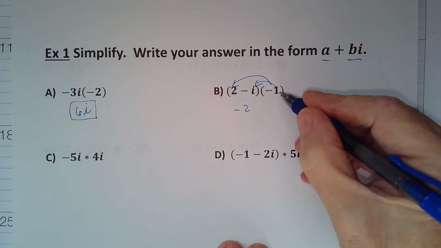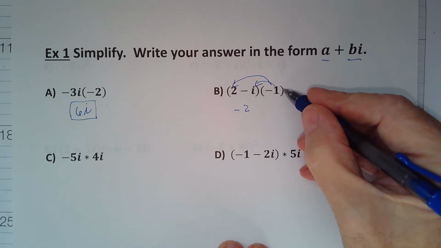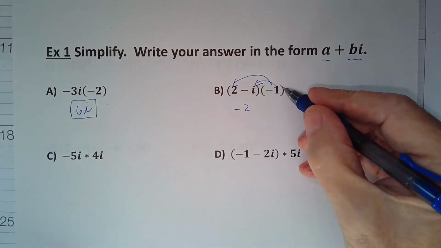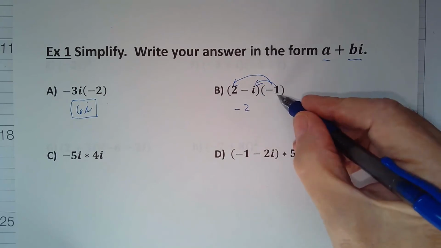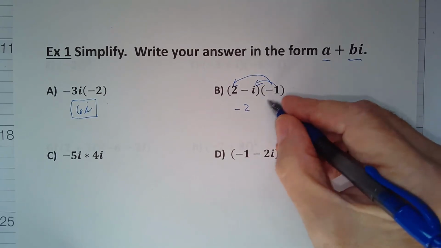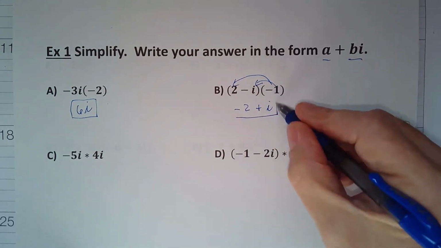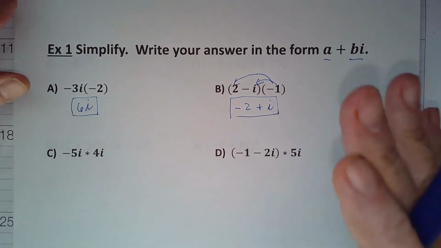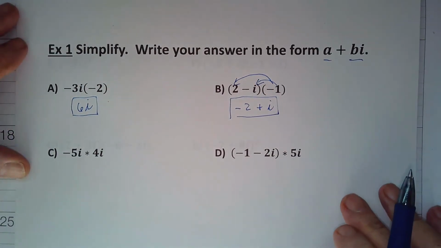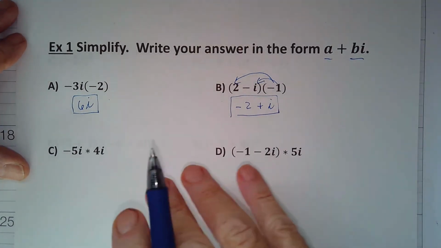And negative i times negative 1 is a negative times a negative, so negative times negative is positive. Positive i, right? So we get negative 2 plus i. So you have to be careful about your negatives and your positives. I struggle with that. That's one of my personal problems to bear. And so we just have to deal with these issues and remember them.